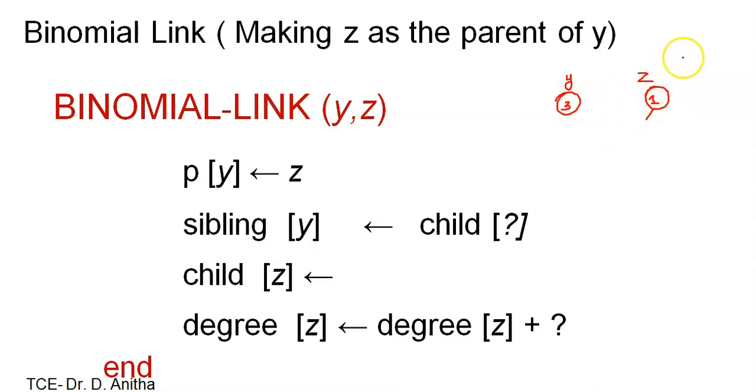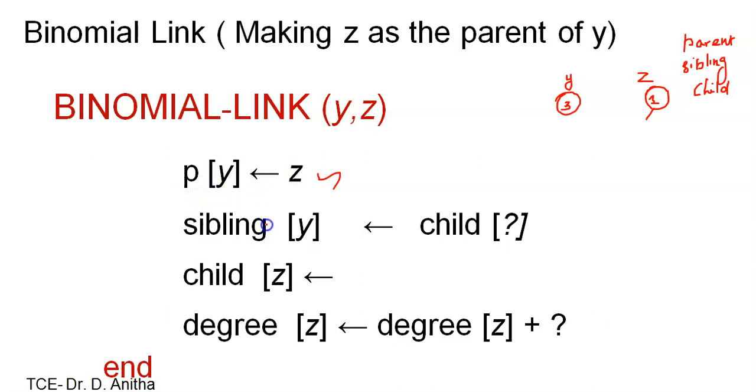We already know that any binomial node has parent, sibling, and child pointers also. So now y's parent is z and the child will be y. Y's parent is z, where p stands for parent.